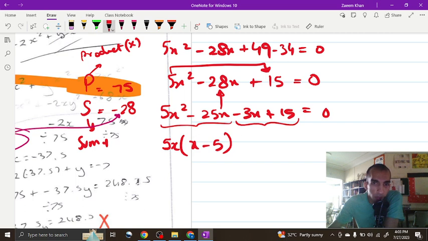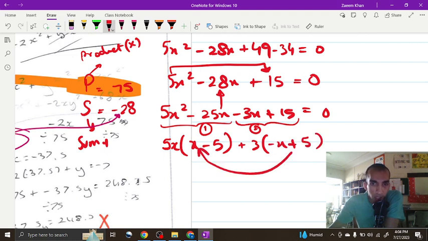What can we take out common from the second group? That's group number 1, just group number 2. 3. If we take out just 3, we're left with minus x plus 5. Now if you notice, the signs don't match. What do we do to make the signs match?